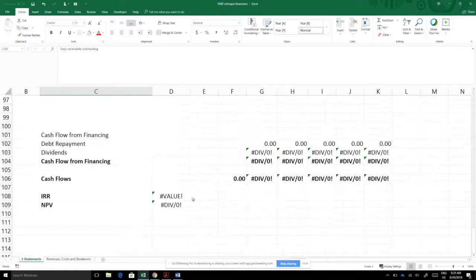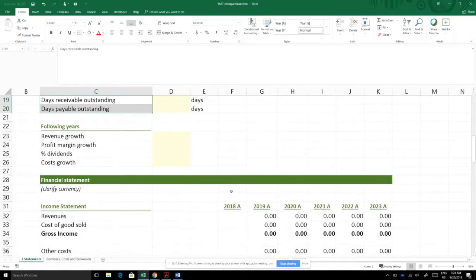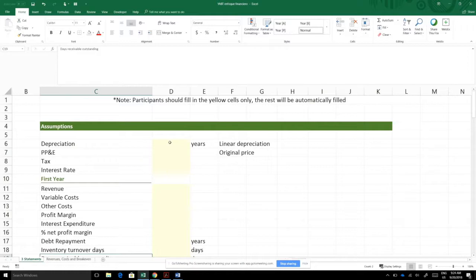Okay, so now here for the assumptions. Depreciation is an account that is used in accounting for long-lived assets. So if you have, for example, a car that you're using for delivery, or any machinery, whatever you will need that's going to last more than 1 year, then you have to depreciate that asset.